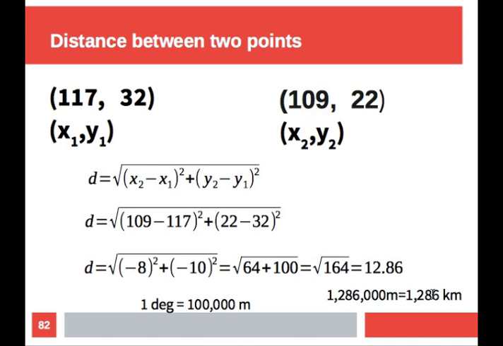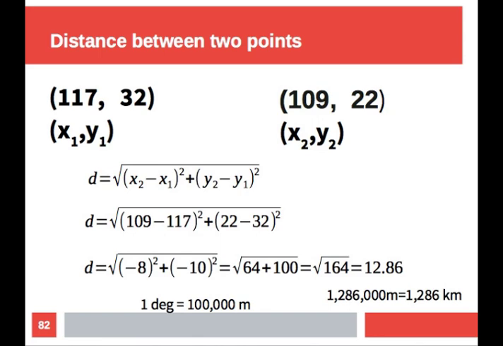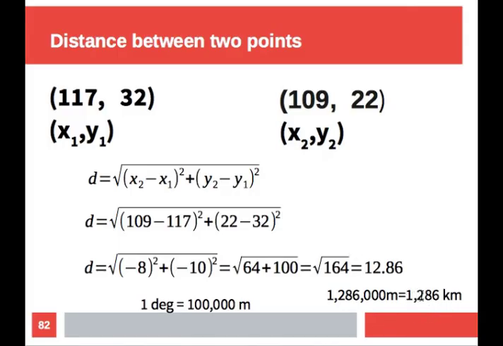And also, guys, we're going to use one of those internet web pages that can tell you the distance. And I used it to prove that this is fairly accurate. The procedure that we did through the Pythagorean Theorem and our approximation is pretty accurate. I mean, come on, you get a distance of 1,279 kilometers in the airline route, which is the route that you have right here on a straight line. 1,279, pretty much the same as 1,286, which is what we got here.